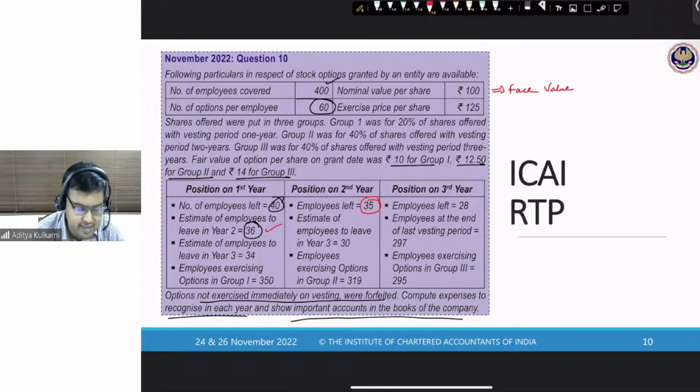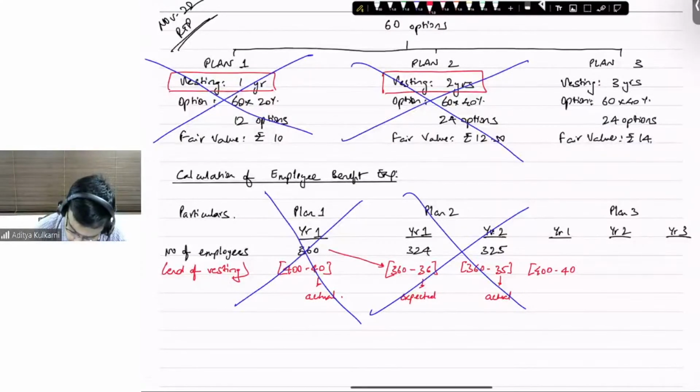Sir, 36 are expected to leave in year 2. But my vesting period is 3 years, na? So I should also have an idea of how many will leave in year 3. So the number of employees expected to leave in year 3 is 34. So 400 minus 40 minus 36 minus 34.